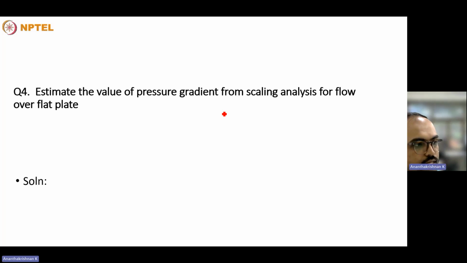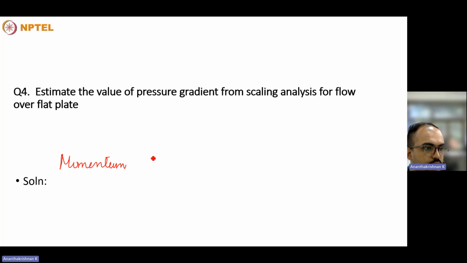The given question says we have to estimate the value of pressure gradient from scaling analysis for flow over a plate. So we can write the momentum equations.